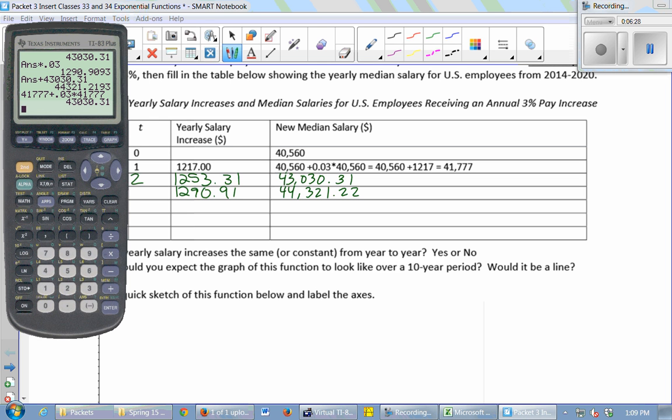All right, so then we do it again. We're at 44,321.22. And I have to figure out what 3% of that is, because that's going to be the amount of my raise. And so this year I'm getting a raise of $1,329.64 if I round to the nearest penny. And then I'm going to add that to my previous year's salary, 44,321, and I get $45,650.86.